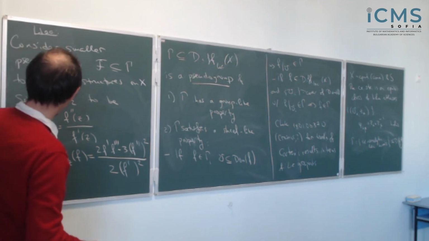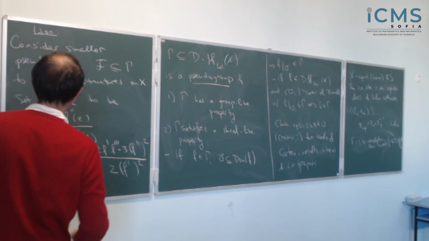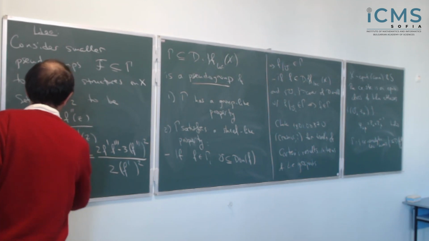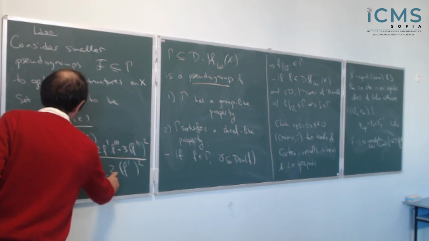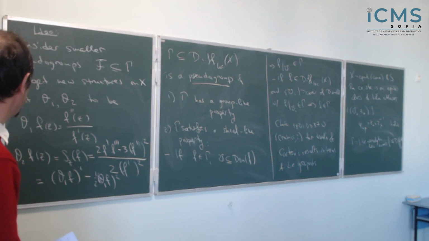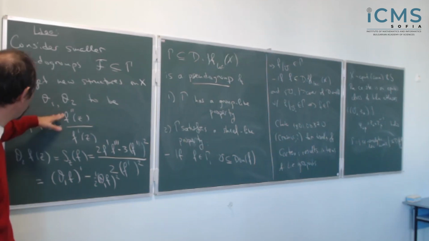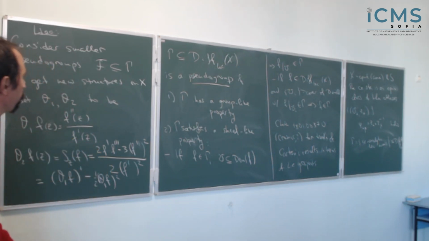So you could think of theta 2 in terms of theta 1: theta 2 is theta 1 of f prime minus a half theta 1 of f squared. If you were to write the Schwarzian as the logarithmic derivative of f prime, the derivative of that minus a half of the square.